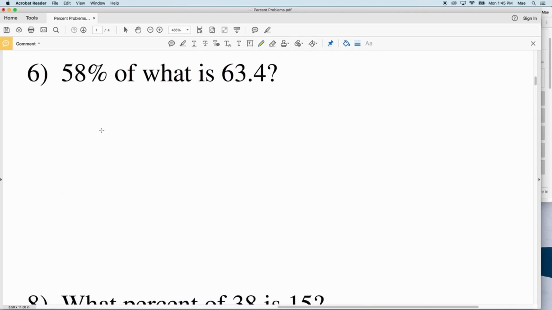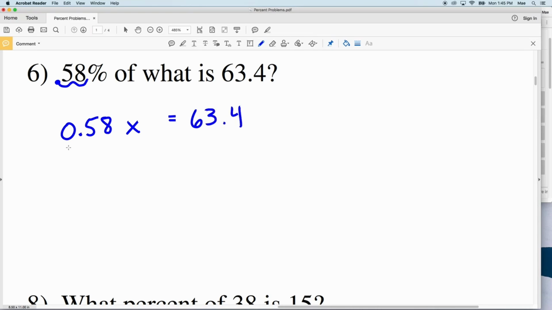In number 6, it says 58% of what is equal to 63.4. So we're asking what percentage of some number is 63.4. So that's 0.58 when we convert to a decimal times some number x is equal to 63.4.